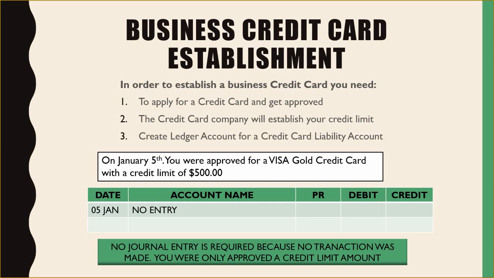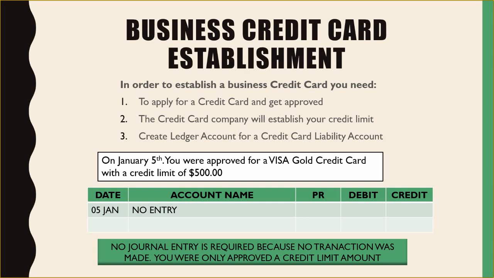But was there a transaction being done? The transaction is they give you a limit amount of how much money you can spend. But did you spend the credit card yet? Do you owe any money to the credit card company yet? No, because you haven't spent the credit card yet.